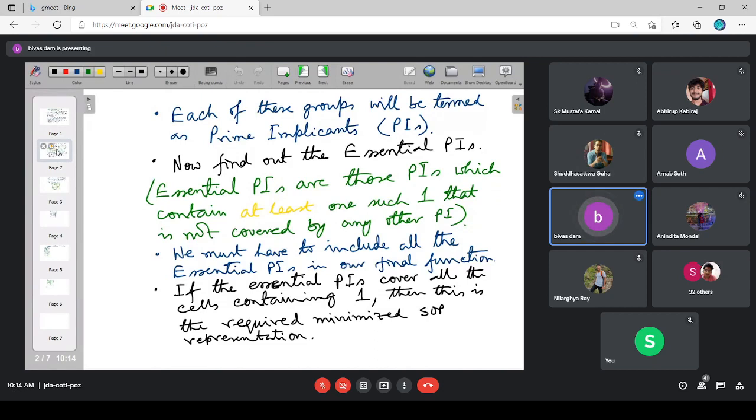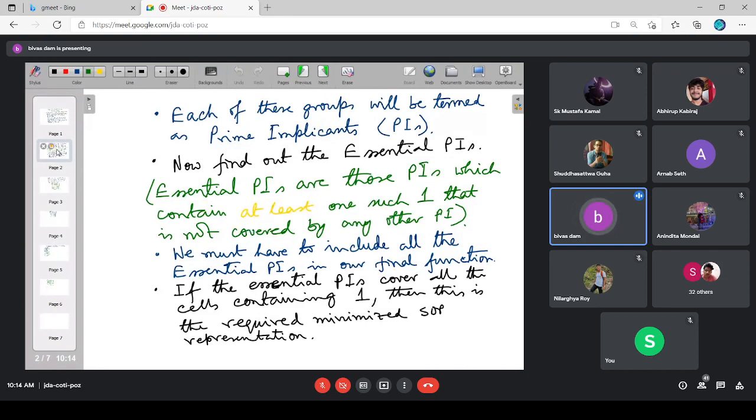Now, in our ultimate function realization, we must generate a logic 1 output for all the cells containing logic 1.